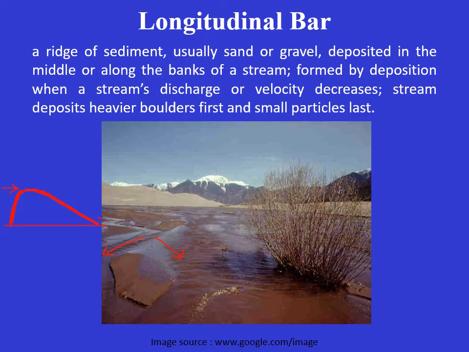As I told you, on the upstream side the river water directly hits, so this part is a little eroded, and the eroded sediments are deposited in the frontal or downstream part of the longitudinal bar. So with time, these longitudinal bars gradually migrate towards the downstream side.